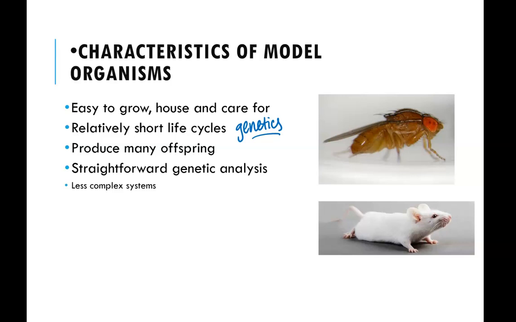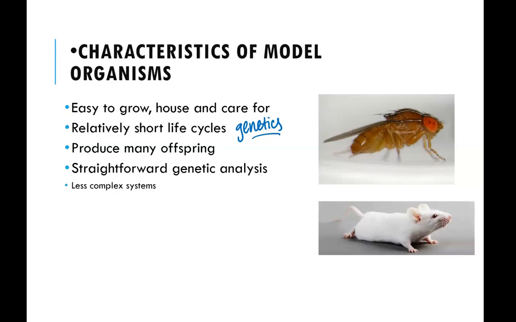And related to that, they also tend to produce many offspring. So especially when you're studying genetics, statistics is key. So if you look at one organism and say 2 of its offspring, you're not really getting a good idea of if whatever characteristic or problem you're studying happens to everybody.